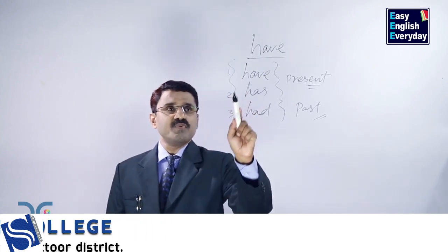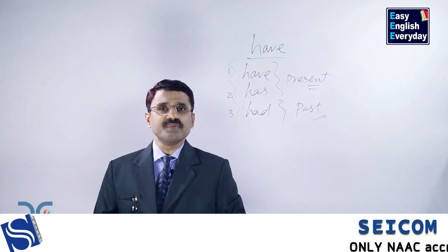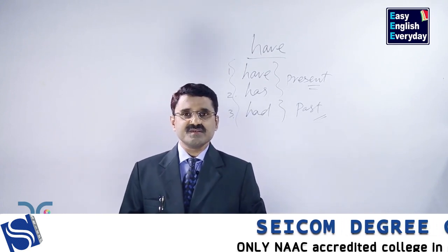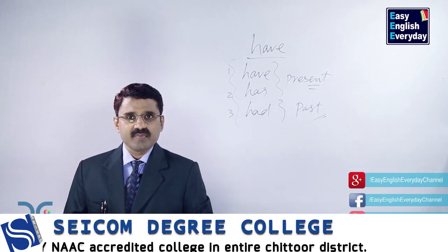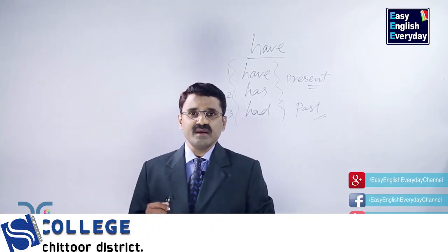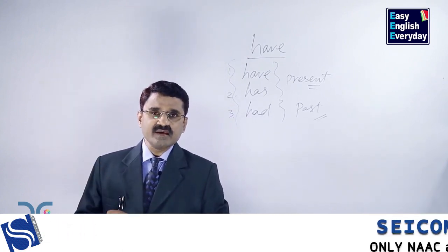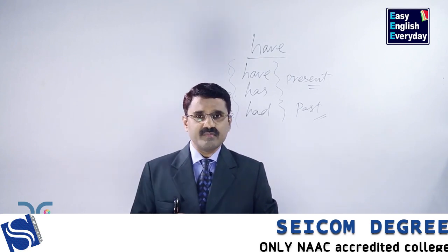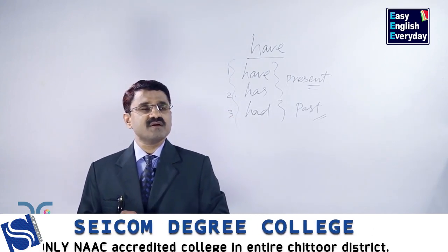Now, coming to the next point, there are 3 persons in English language. How many persons? 3 persons. Yes. First person, I and we. Second person, you. Third person, he, she, it, they, any singular name and plural name. So this is about first person, second person and third person.